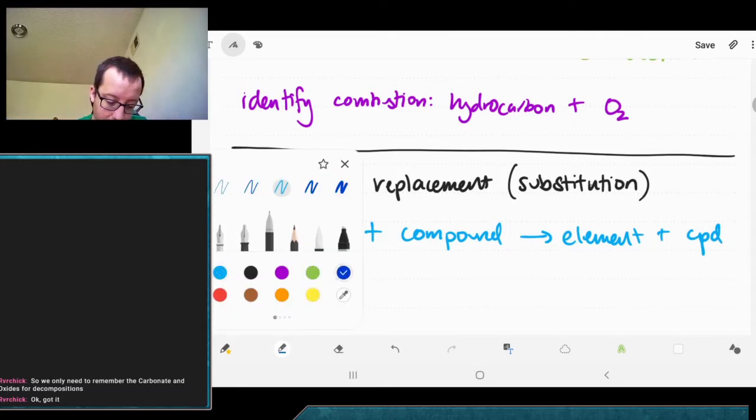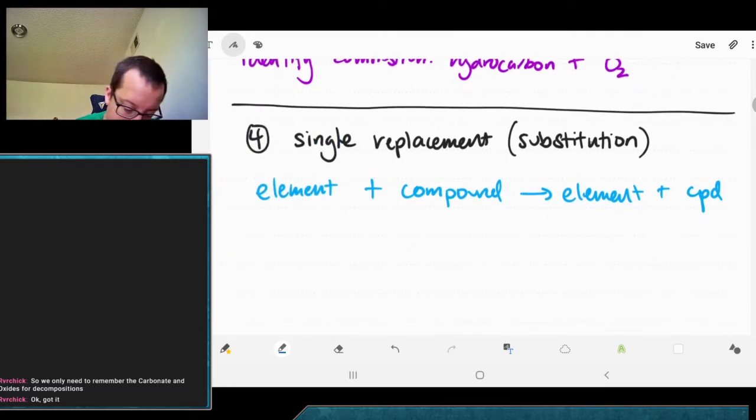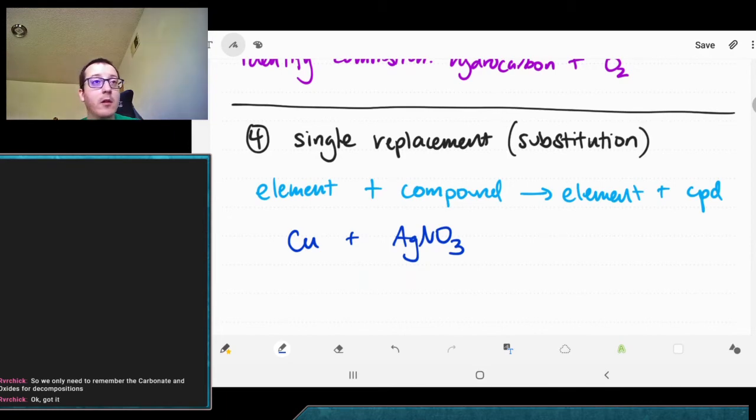For example, we have an element and a compound here, copper being an element by itself, silver nitrate being a compound.